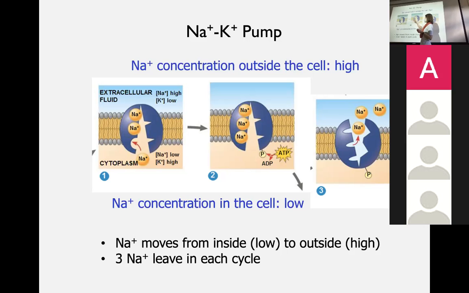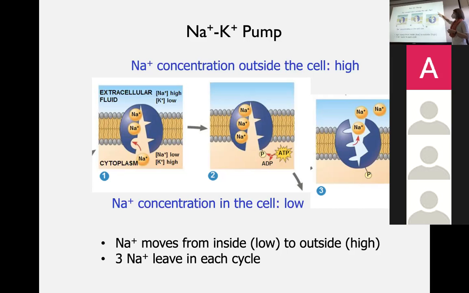Those will take on 3 molecules or 3 ions of sodium. So with each pump, so you can think of this as one pump cycle, we're going to kick out 3 sodium ions using ATP because we're moving against the concentration gradient. And then they'll be released and let out into the extracellular or outside the cell fluid.